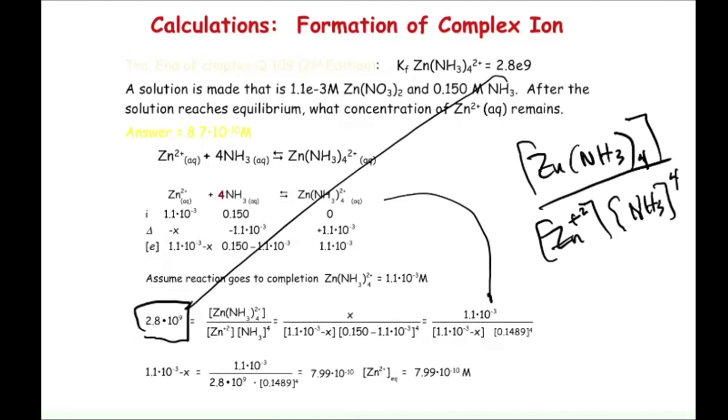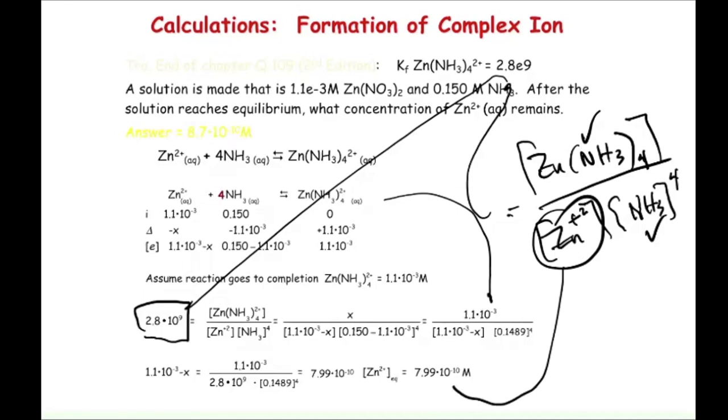That's equal to this value right there. We know what this is. We know what this is. We're solving for that. And when we solve for that, we get this value, because that's what the question is asking. What concentration of zinc remains? That's the concentration at equilibrium. The concentration of zinc that remains is 7.99 times 10 to the minus 10. Very, very small, but not zero.